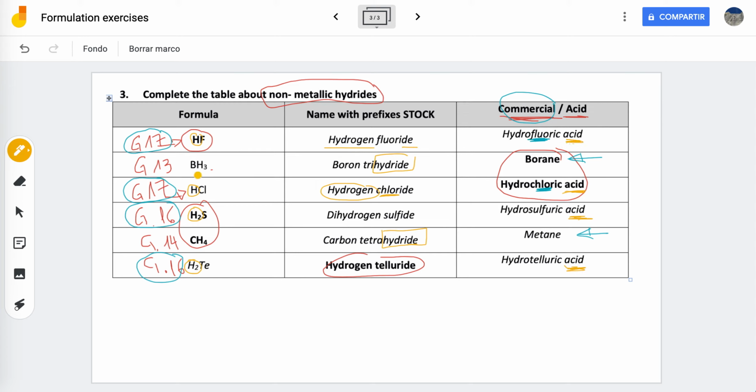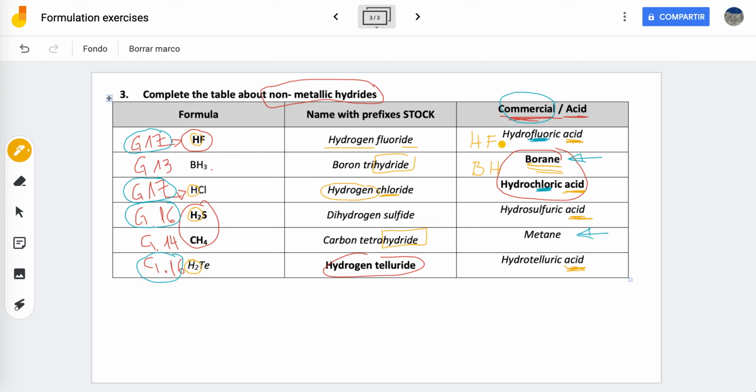Next, they tell me borane. Okay, it's not an acid, so it will be first of all the boron and then the hydrogen, because in this case it will be the other way around: first hydrogen and then the fluorine.